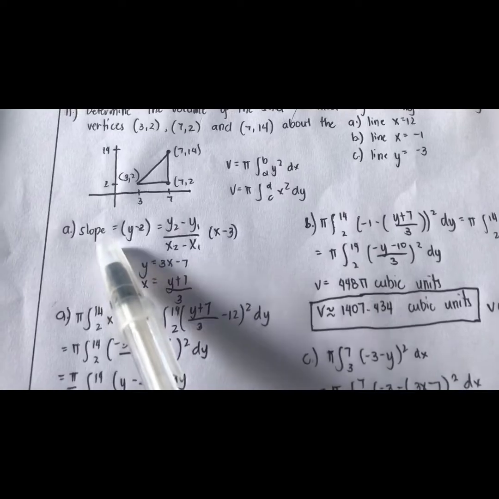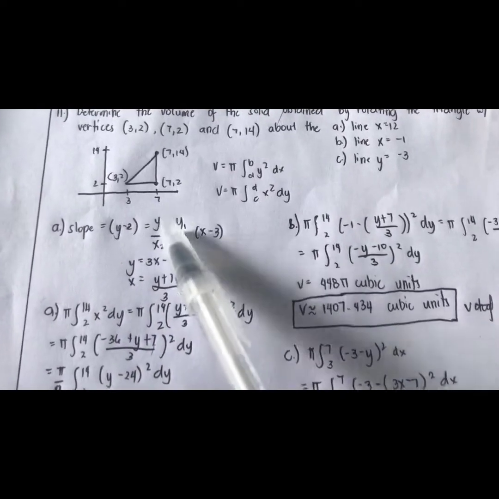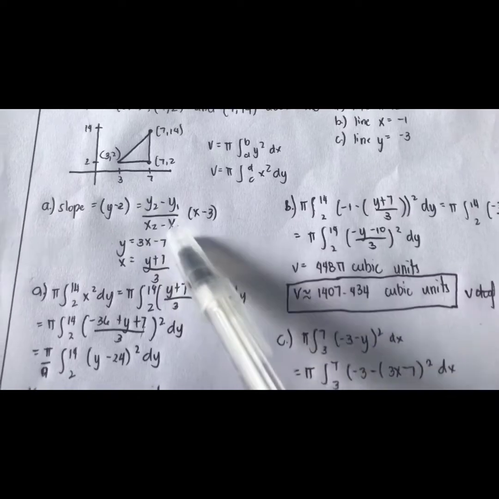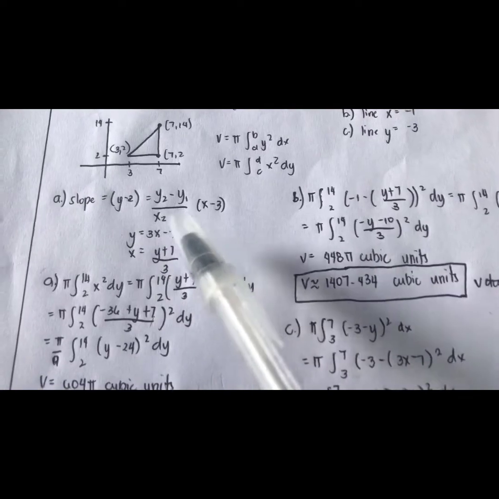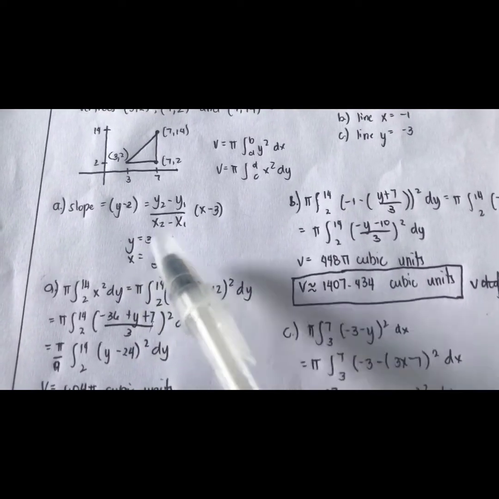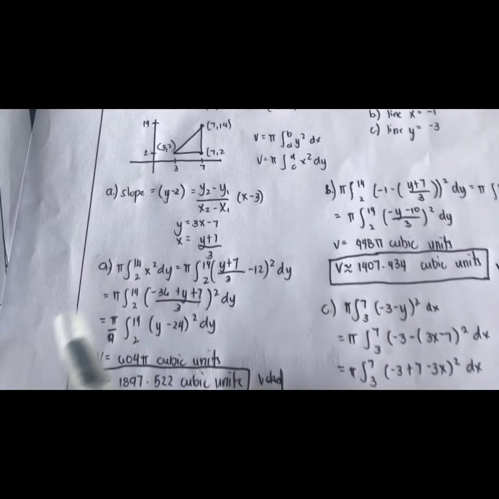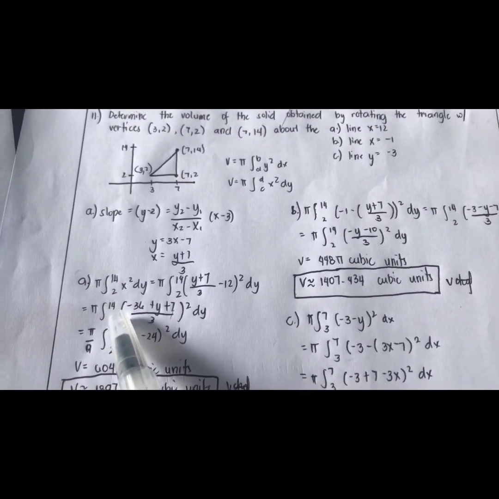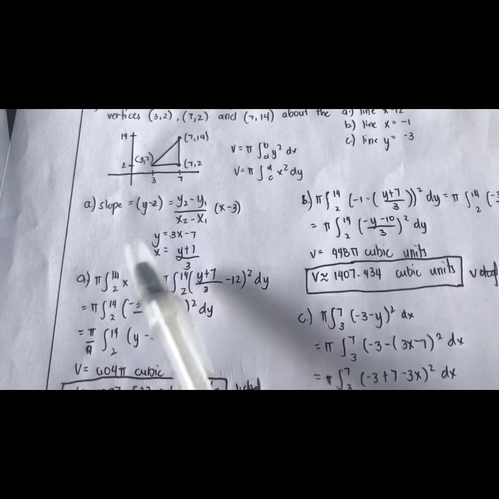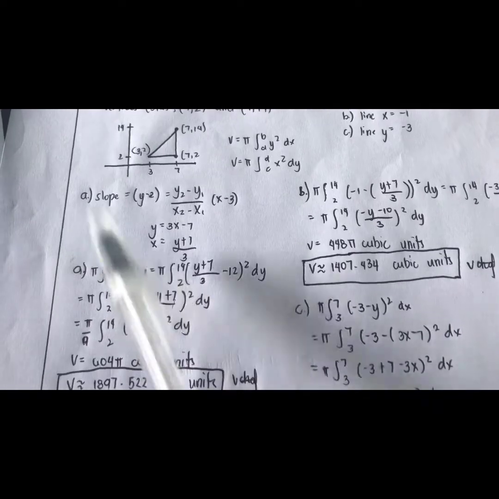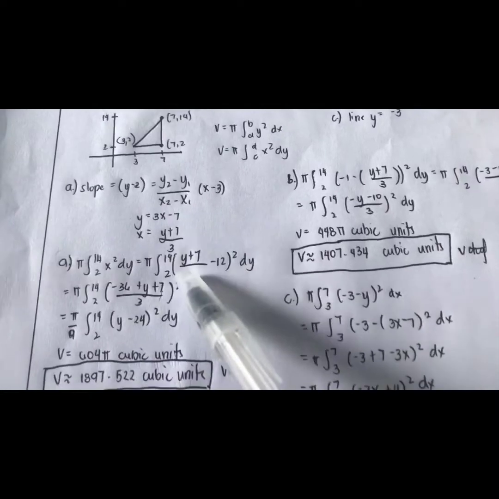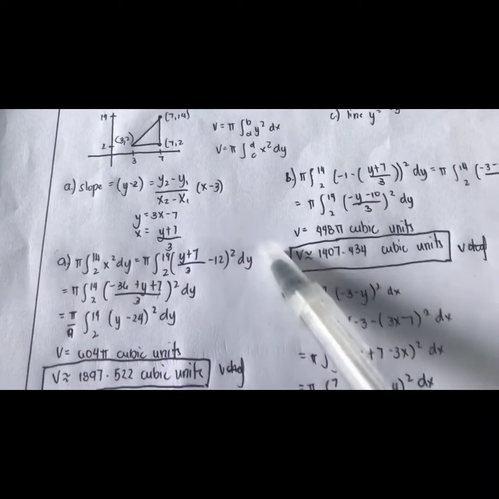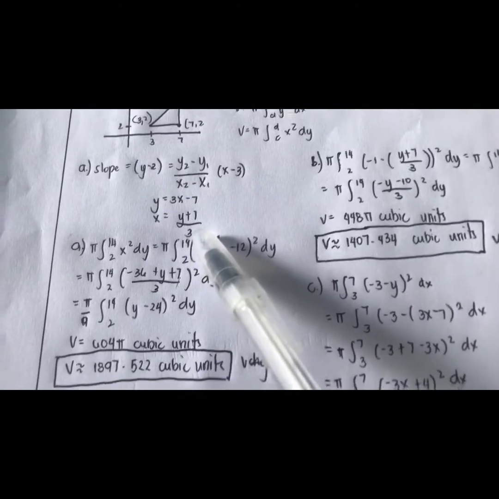And now for the slope, y minus 2 is equal to y sub 2 minus y sub 1 over x sub 2 minus x sub 1 times x minus 3. And so we'll have y is equal to 3x minus 7, and x will be equal to y plus 7 over 3. Now for letter A, which is line x equal to 12, we will have pi, the integral of x squared dy from 2 to 14, is equal to pi, the integral of y plus 7 over 3 minus 12 raised to 2 dy from 2 to 14.